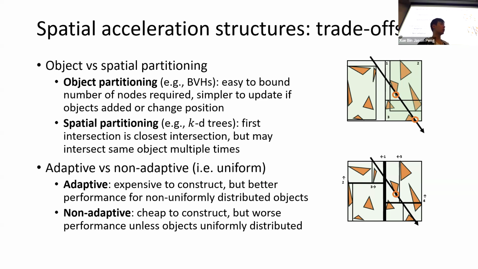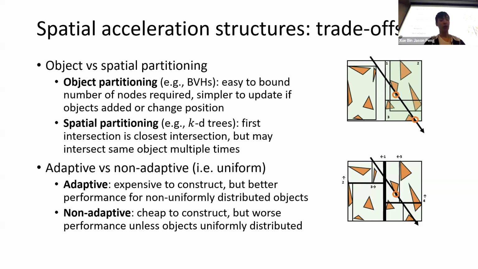Non-adaptive data structures are things like the uniform grid data structure, where we simply divide up the scene into uniform size cells, regardless of how the objects are distributed. And while adaptive data structures are generally more efficient compared to non-adaptive data structures, there are still some cases where it might make sense to use a non-adaptive data structure.